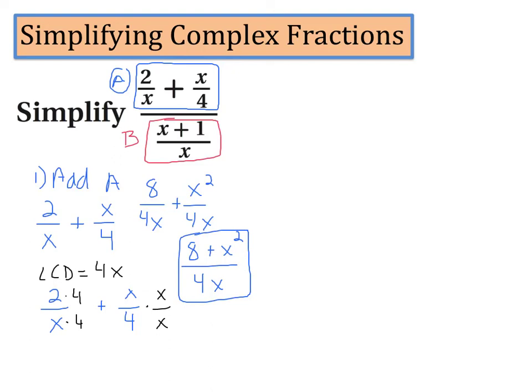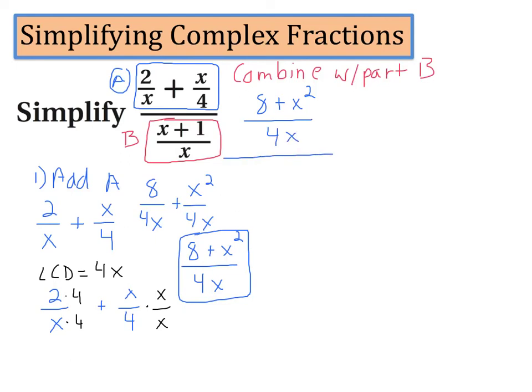Now let's talk about combining this with part B. So now I can rewrite my entire A and B complex fraction as 8 plus x squared over 4x divided by part B, which is x plus 1 over x.